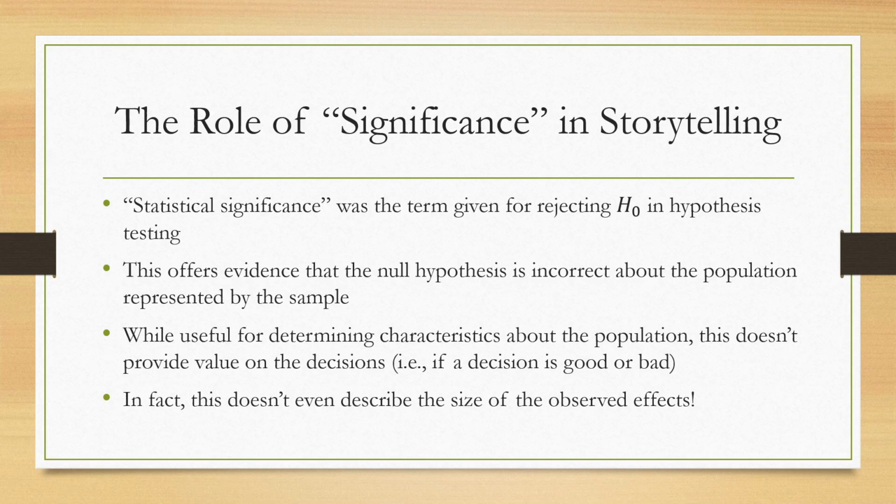Maybe I want to implement a cost-saving procedure. And I did a study to determine if this will actually save costs, and it turns out that it will long-term. And then I want to make the decision now to implement that. But it's a really costly changeover. I have to pay a lot of money for new equipment. I have to pay a lot of money for new training. Is that the right decision? Well, statistics doesn't help you make that decision.